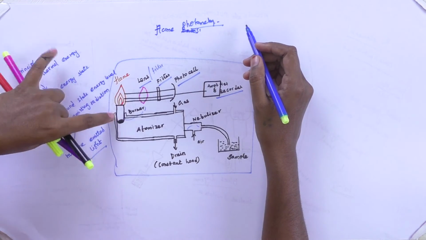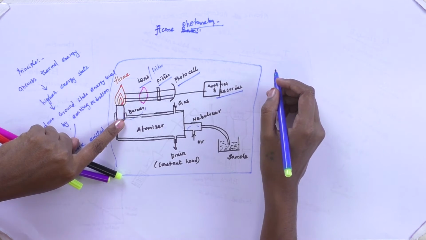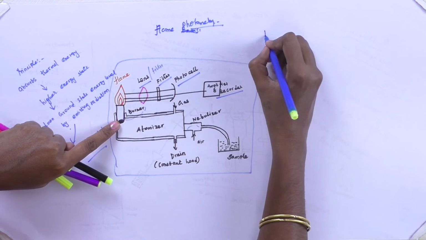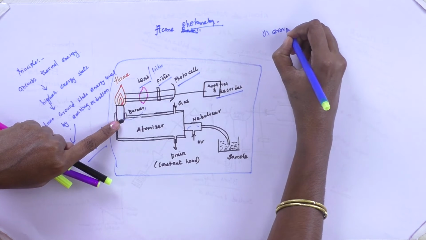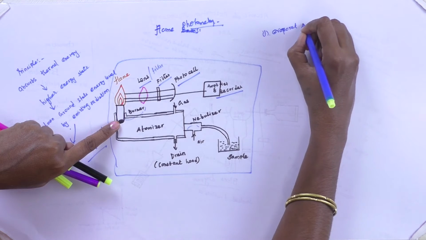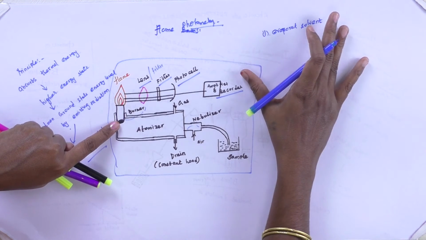First we have to check the burner area. The flame produced in the burner should do the following functions. First, the flame should evaporate the solvent present in it; if the test solution contains solvent, it should evaporate the solvent.